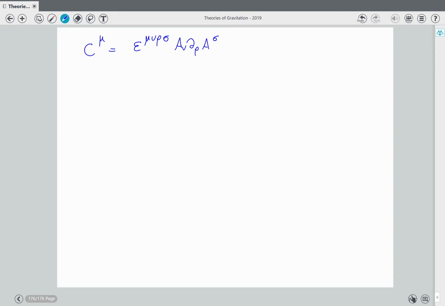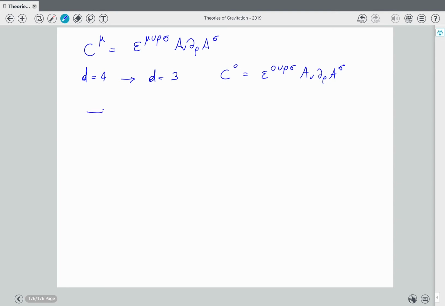Now, if you go down from d equals 4 to d equals 3, you can consider this object. Take the 0th component. The 0th component is ε^0νρσ A_ν ∂_ρ A_σ, but now ν, ρ, and σ are all space indices, i, j, k.